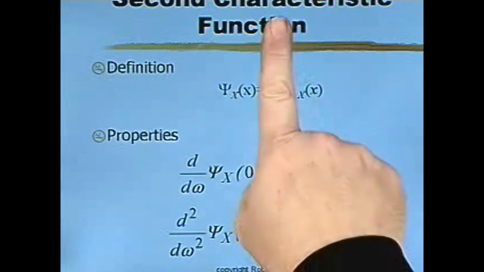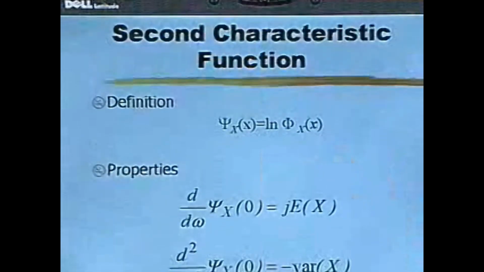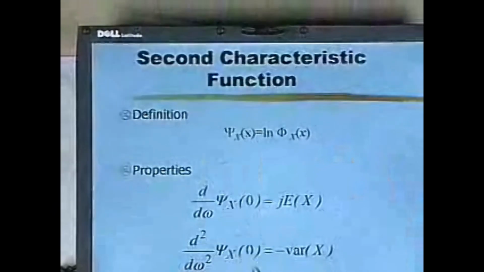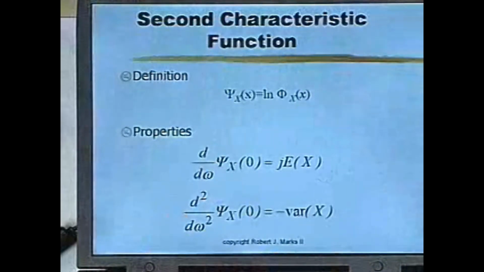There's also something, can we get the top here? This is not in your book, but I think I want to put it in here because it's very important and very nice in terms of doing calculations. This is called the second characteristic function.